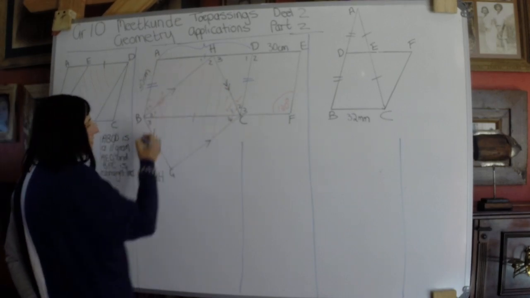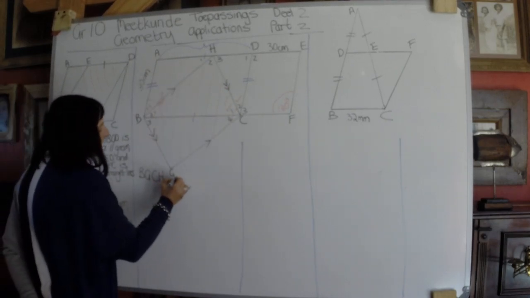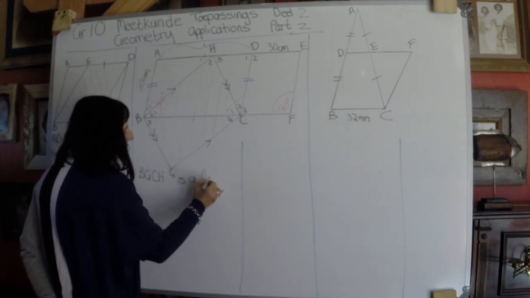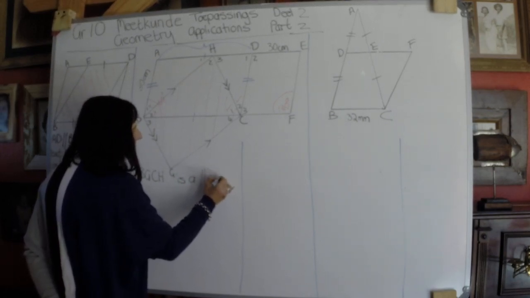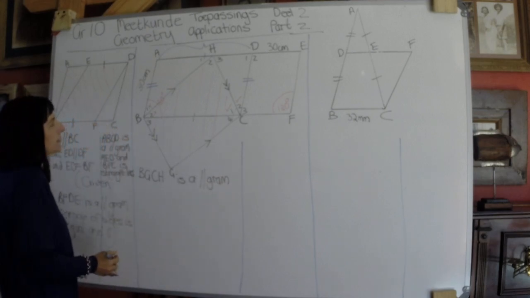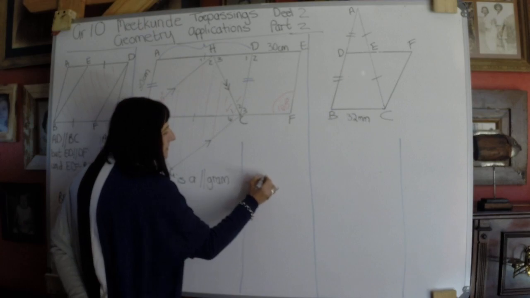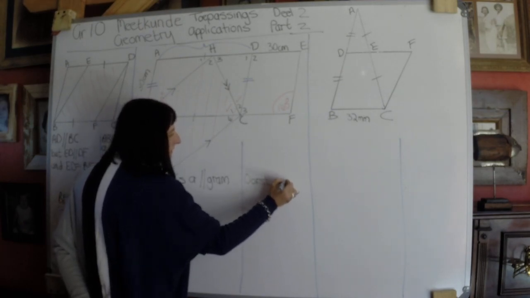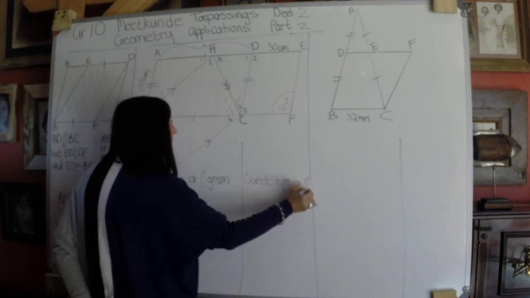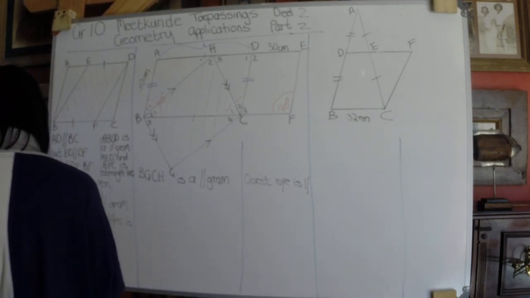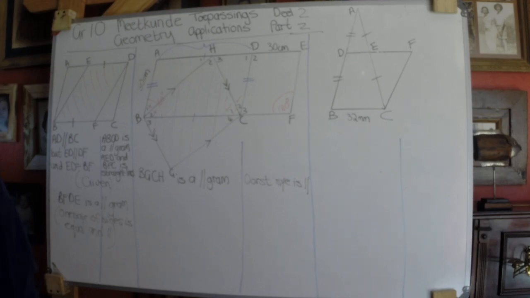BGCH, if you look at the picture over here, it's a parallelogram. Okay? Why? Oorstaande sye is evenwydig. Dit weet ons for sure, because opposite sides are parallel.